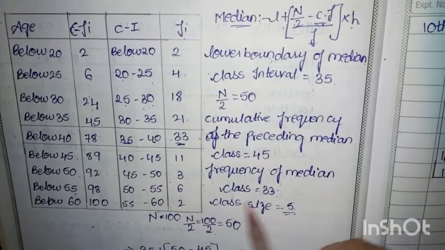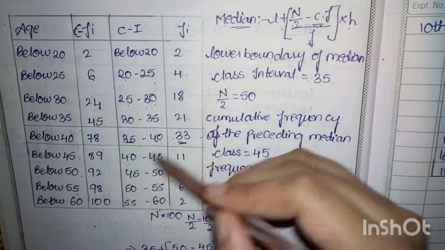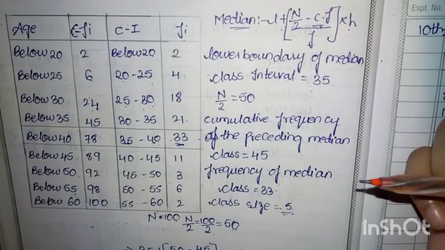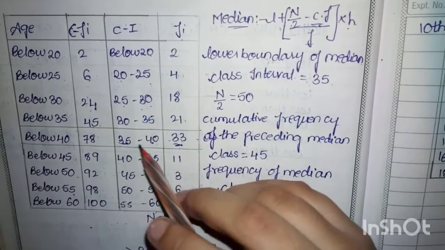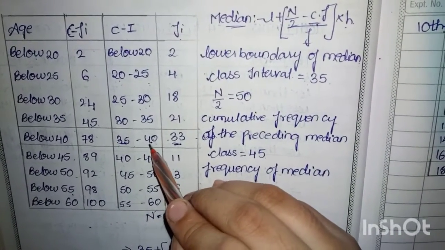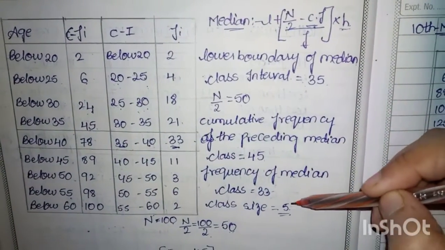Next, the frequency of the median class, which is 33. Next, the class size h, the difference between these two values: 40 minus 35 is equal to 5.